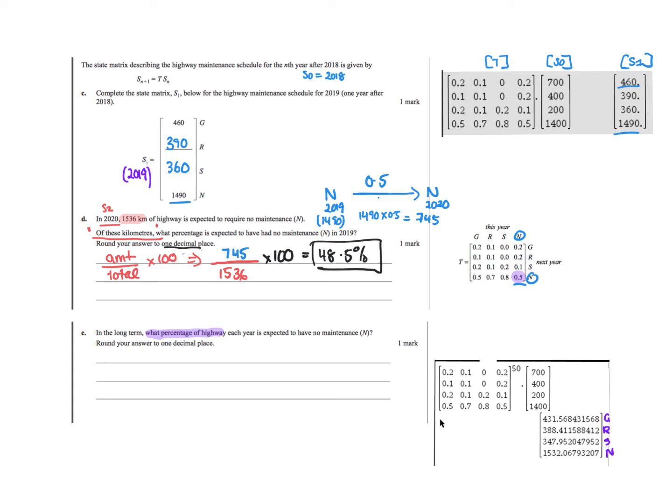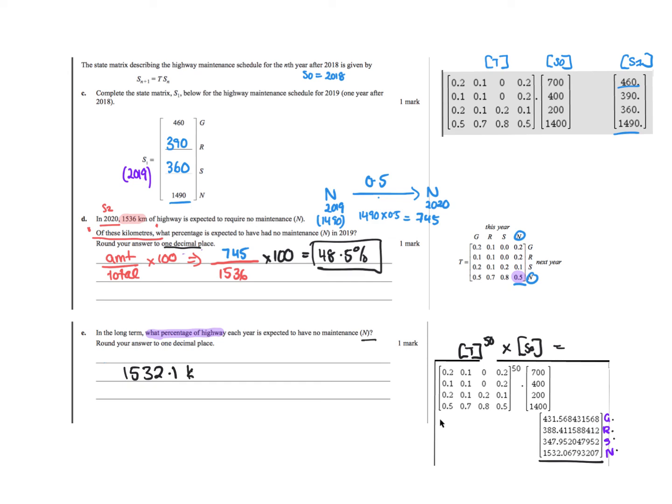Okay, and now it's asking, in the long term, what percentage of the highway each year is expected to have no maintenance? So here I've just put the transition to a high power. I times it by our S0, and we get the answer. So we're looking down here, they want the no maintenance, and it said round to 1 decimal place. So 1 decimal place would be 1532.1.